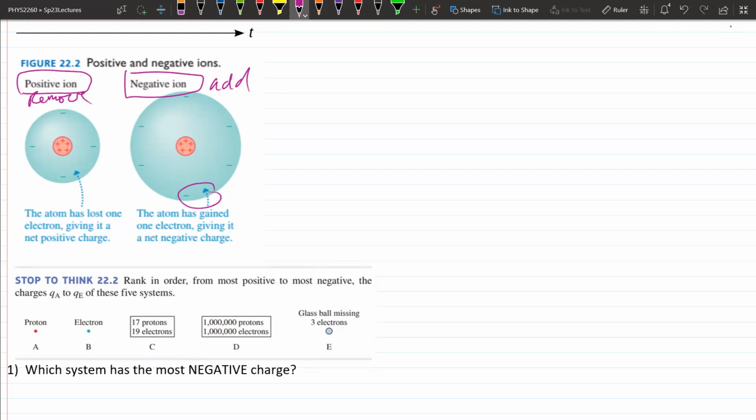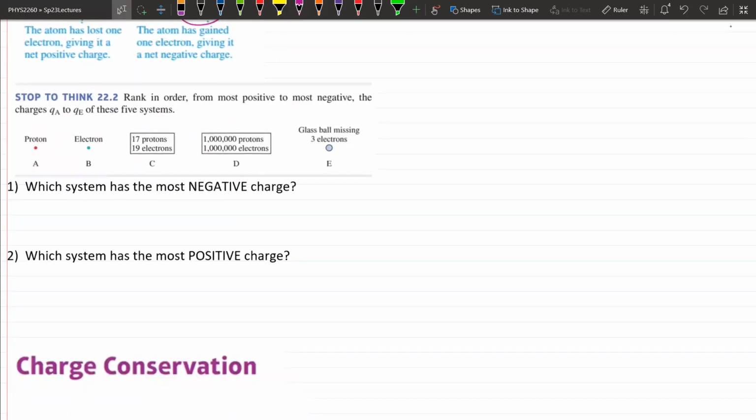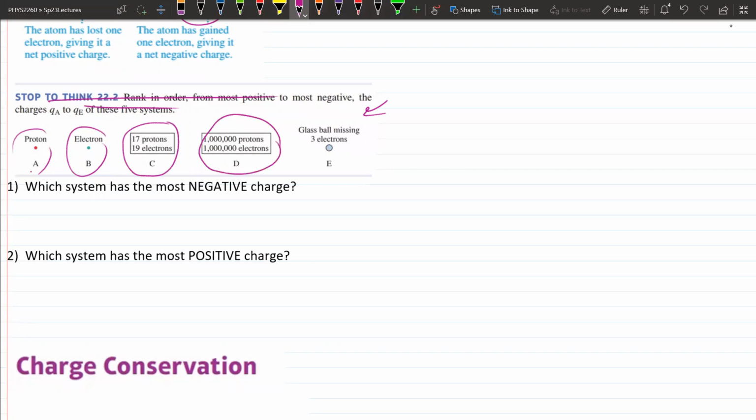So let's do a quick discussion. Unfortunately, this is taken directly from the textbook, so I just want you to think about this. In the list of these 5, just ignore the question up top: a single proton, a single electron, 17 protons and 19 electrons, 1 millionth of each, or a glass ball that is missing 3 electrons.